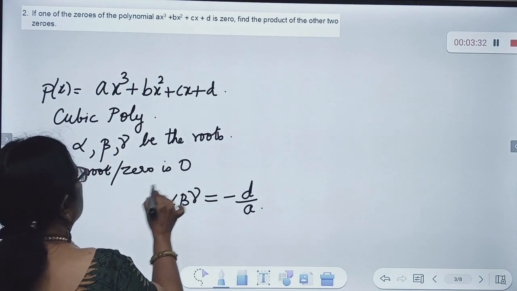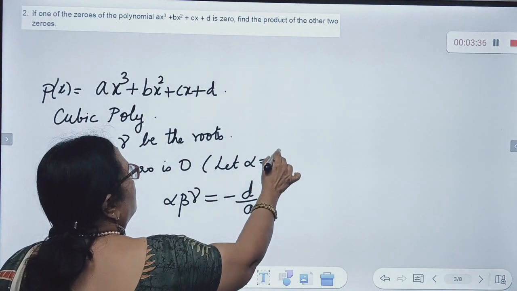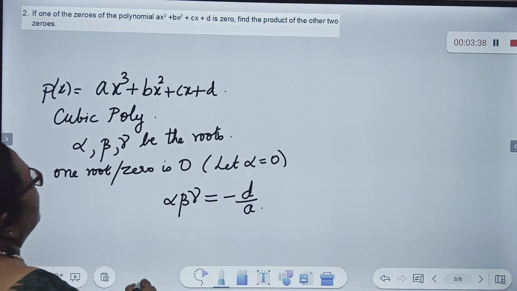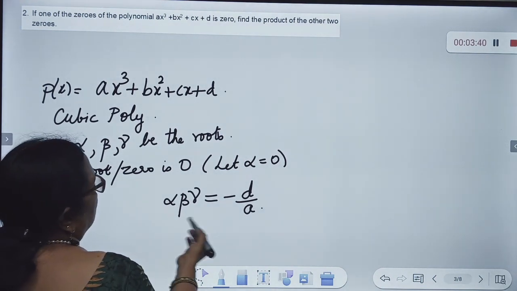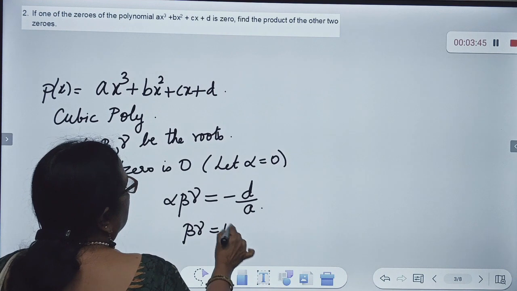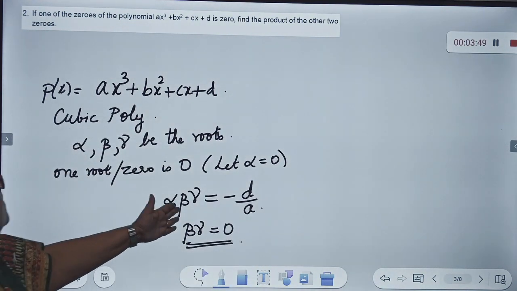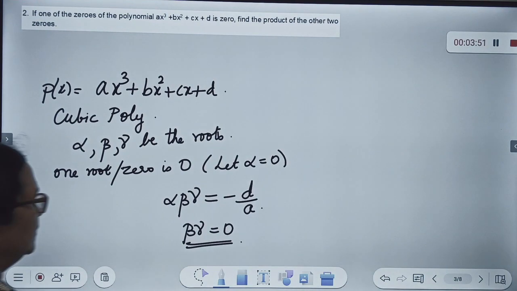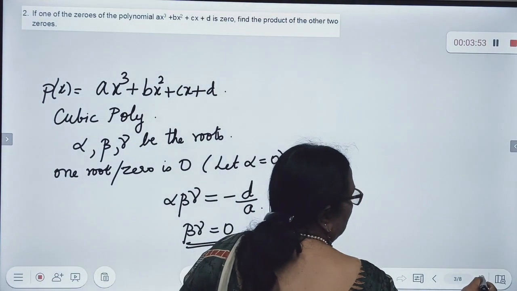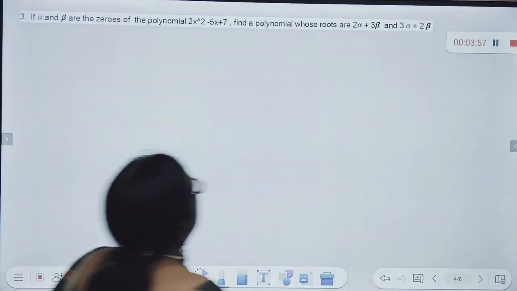Now alpha is 0, so let alpha be 0. Then what will happen to the product of the other roots? Beta, gamma will also be 0, because 0 into anything is 0. Right? Very simple problem. Could be asked as a 1 mark question.